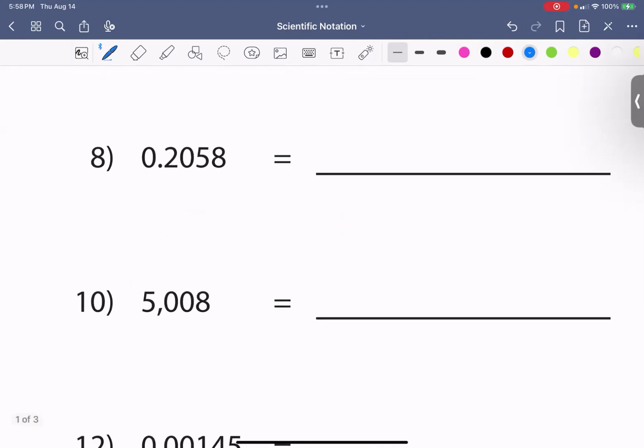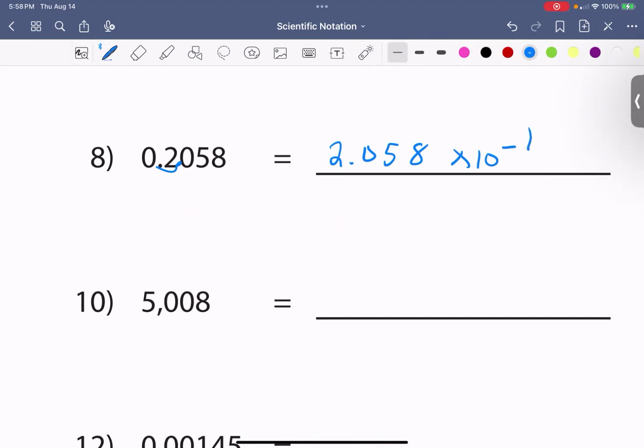Let's look at number 8. We want to get behind the first whole number. So there we are. We're going to move 1. So our answer is going to be 2.058 times 10 to the negative 1.